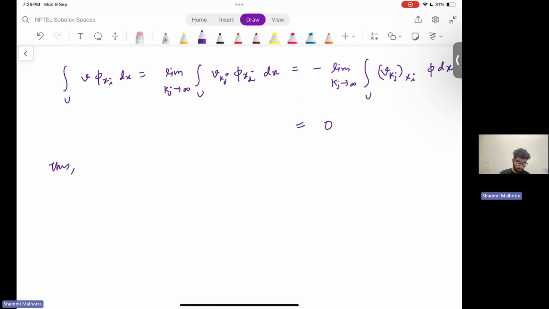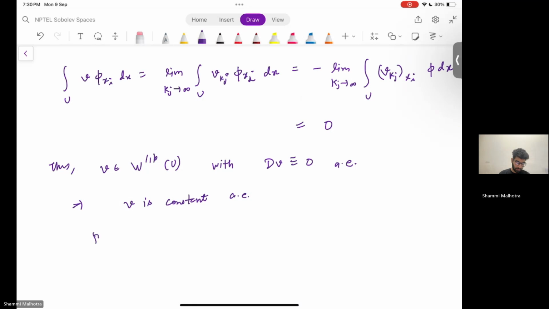Plus, we have v in W^{1,p}(U) with Dv identically equal to 0 almost everywhere. We have seen in the last tutorial session that when that is the case, this implies that v has to be constant almost everywhere. But we have the average integral of v to be 0.